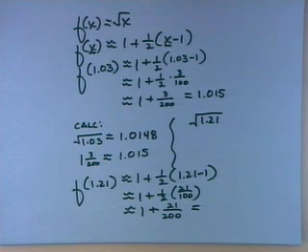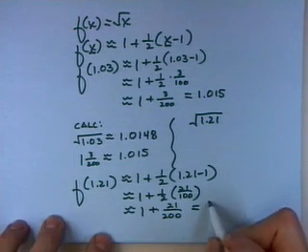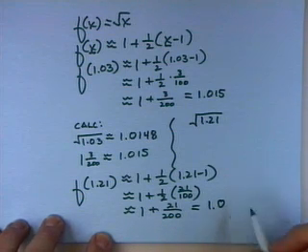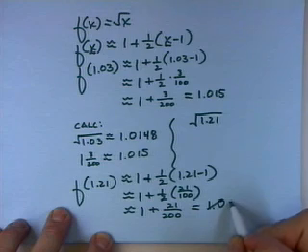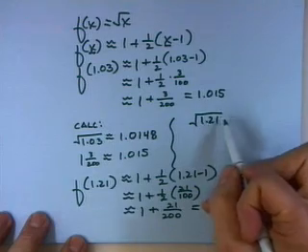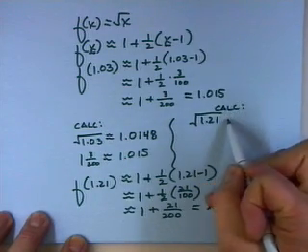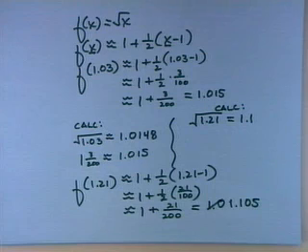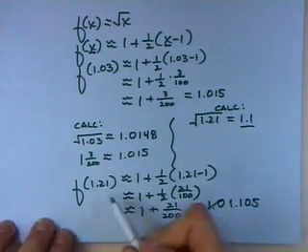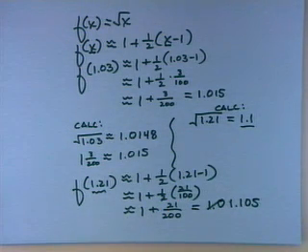I know that's close, because I know what this answer is. It's 1.105. And the actual value from a calculator is what, 1.1? Yeah. Because 11 squared is 121, so 1.1 squared ought to be 1.21. So that's pretty good. And that's not necessarily right next to 1.